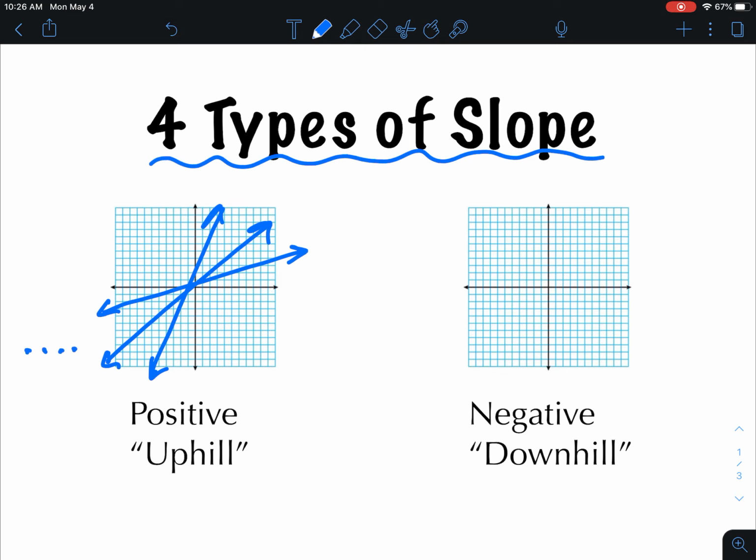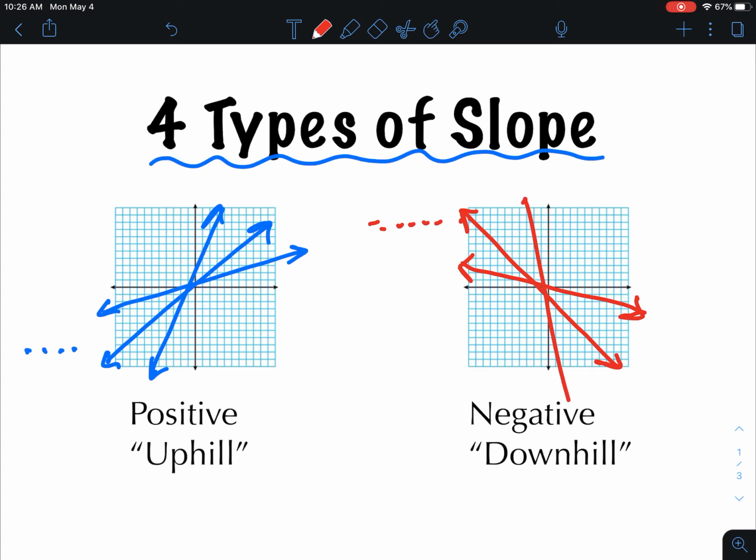Well, negative would just be the opposite. Okay? Negative would be a slope going downhill. So you've got a line that's going this way. That means if you're walking this way and you come to this slope, you're going to be heading down. Okay? Slopes can be flat too, not as steep.